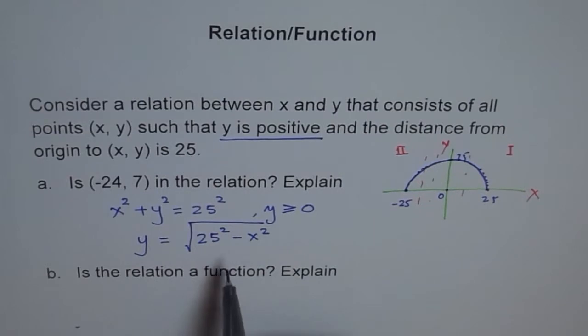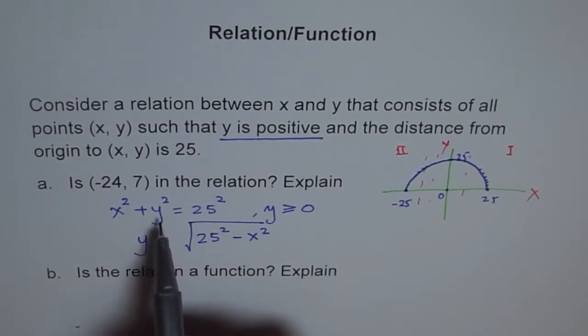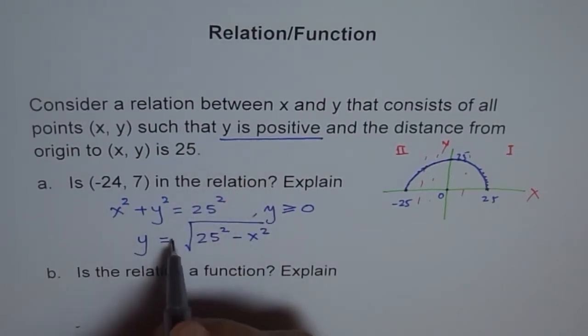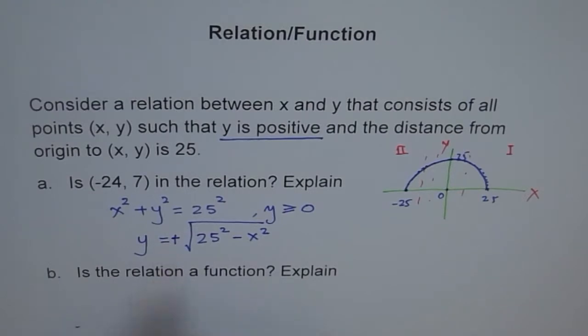Normally, if I write this, then I will write plus and minus because y squared was here, right? Whenever you take a square root, you write plus and minus. But in this case, since y is positive, we write only plus. There's no need to write plus; if I don't write anything, it means plus. But just to make it clearer, I'm writing this.